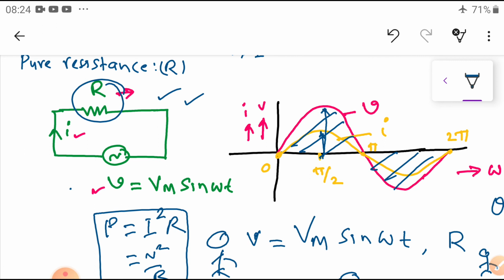That means pure resistance, what will happen? Pure inductance, what will happen? Pure capacitance, what will happen? We are going to analyze the circuits. Dear students, we will see pure inductance connected in the AC circuit and its behavior. Thank you for listening to my class, dear students.